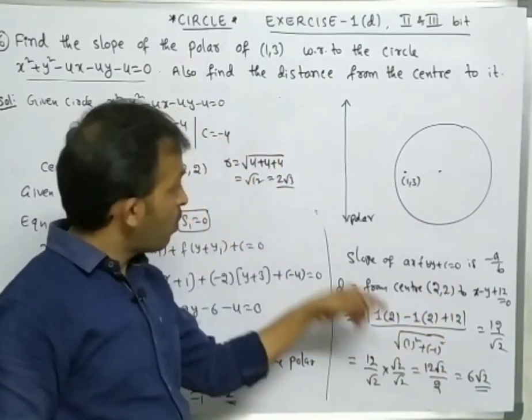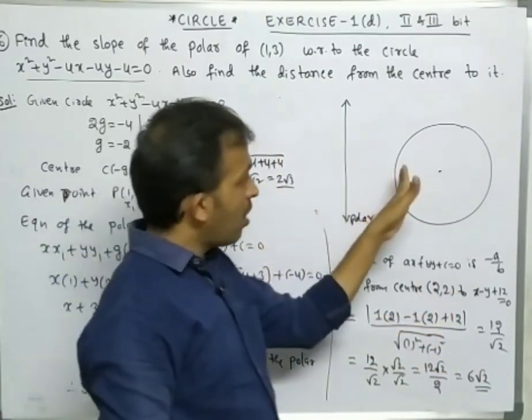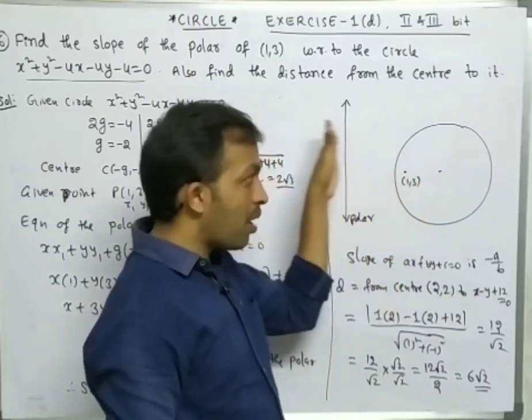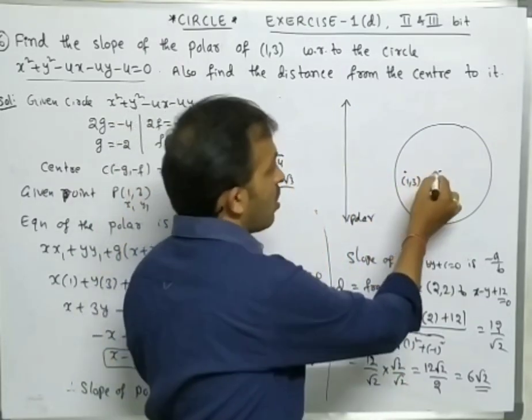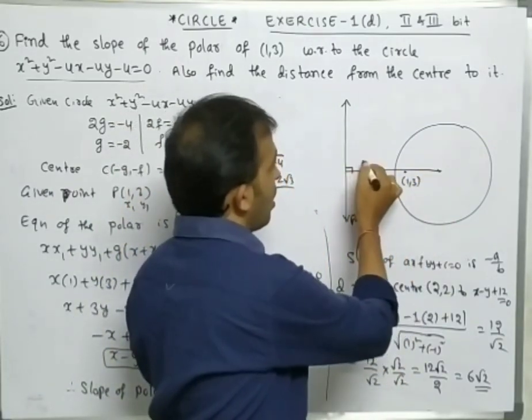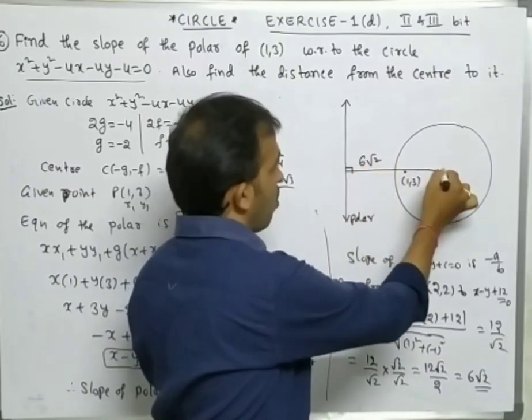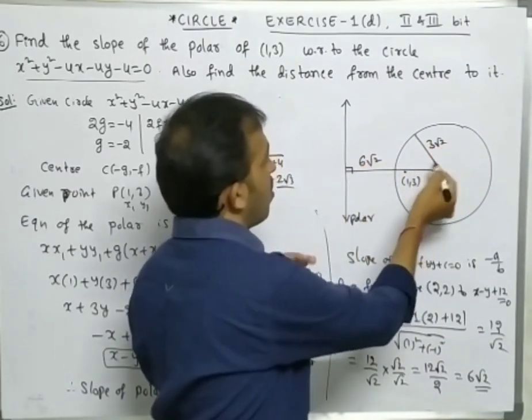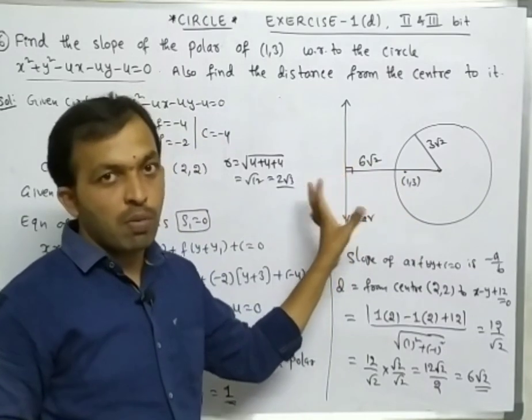This distance is more than the radius, that's why the point may be inside and the polar outside. The distance is 6√2 and the radius is 2√3, so that is a suitable geometry.